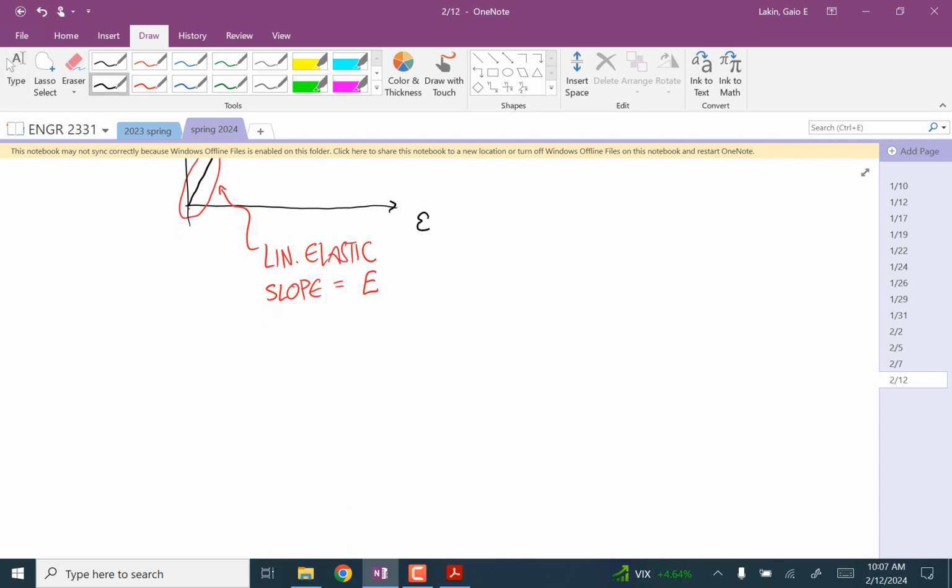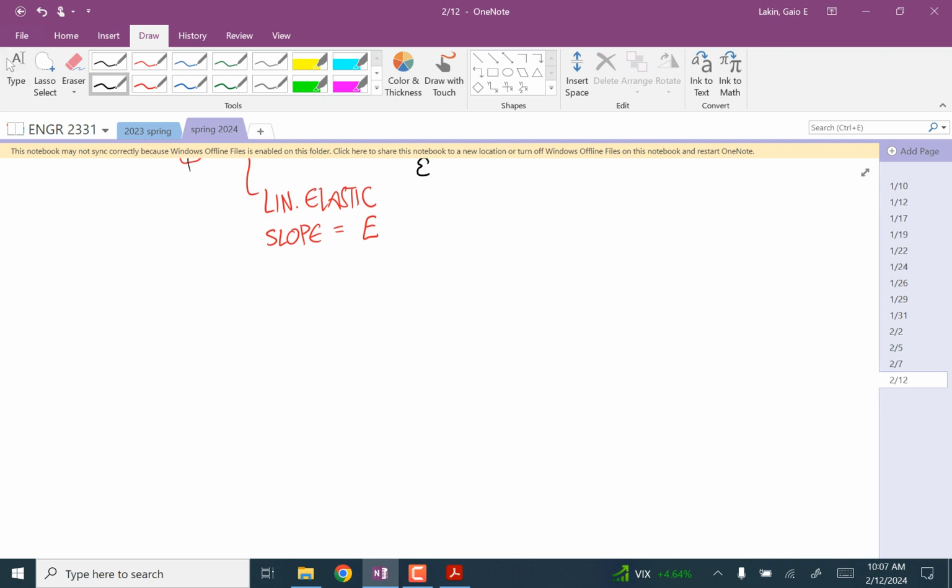We'll see. But the next thing we need to talk about, so remember what the last thing was that we talked about? We talked about members in pure tension or compression and coming up with the stresses for those. Another case of bodies that are in pure tension or compression is pressure vessels.